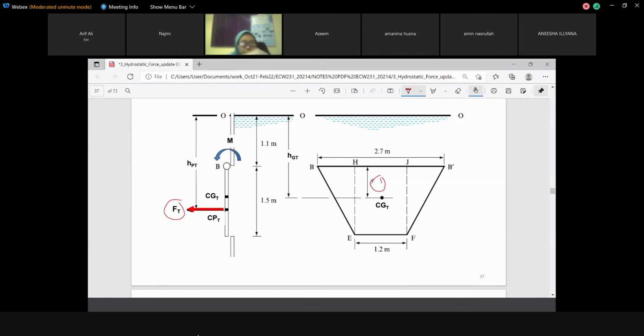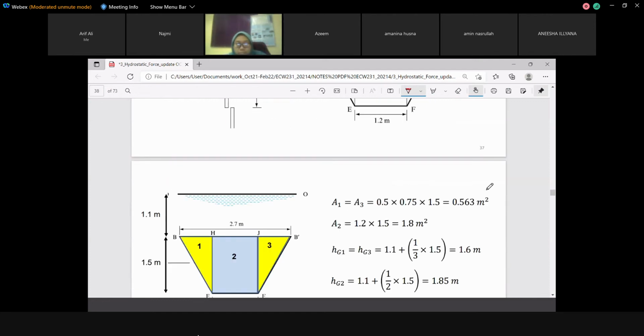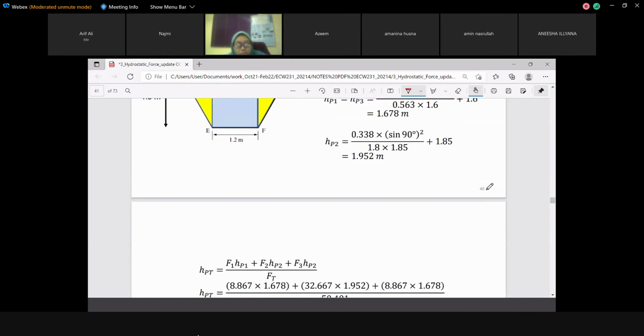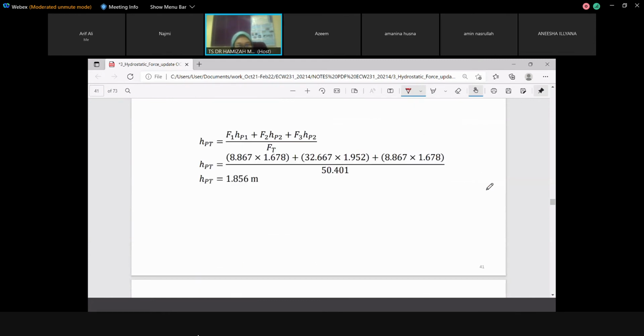Vertical. Okay, sama juga the HP must be HP total. So you have three part tu. Force 1, force 2, force 3.